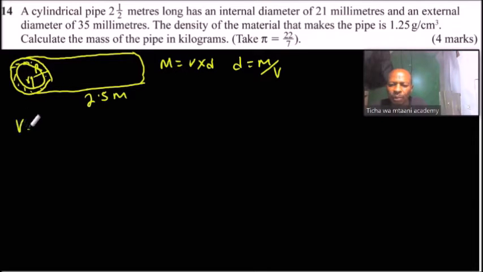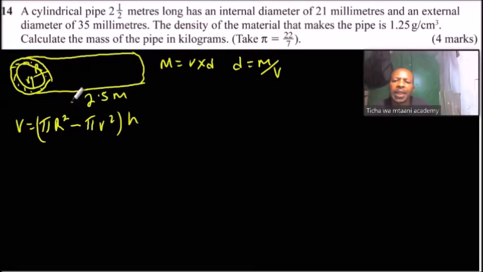And to get the volume, we say volume is equal to pi R squared, that is the area of the outer circle, minus the area of the inner circle, pi r squared. And you multiply by the height.